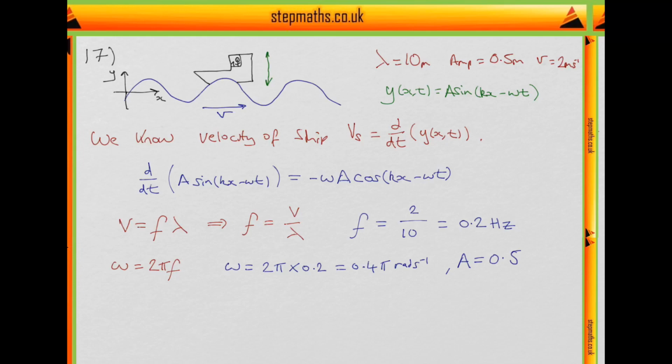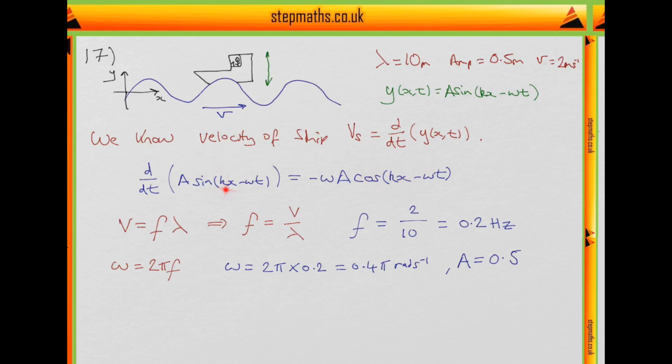Now we simply want to think, when is our velocity equation going to be a maximum? Well, omega and A are constants. The only thing that varies is our cosine expression. And the maximum value cosine can take is 1.